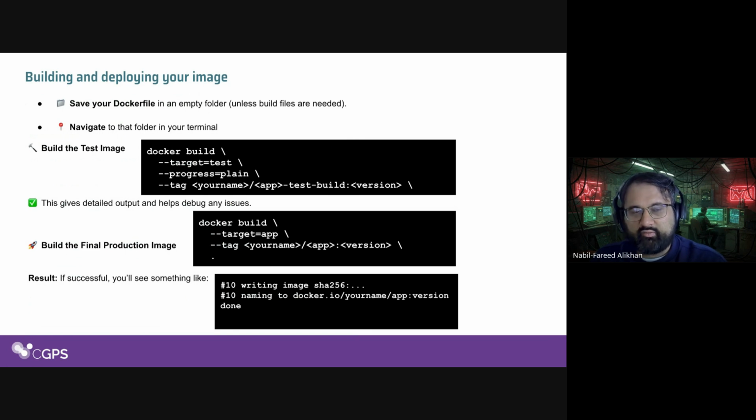So you've written the Dockerfile, and you want to build it. You save the Dockerfile to an empty folder, and then you can navigate to it, or you can just give the path, and you go docker build, and give it a target. That's the -t, the long form is --target. It's called test. Progress is plain.